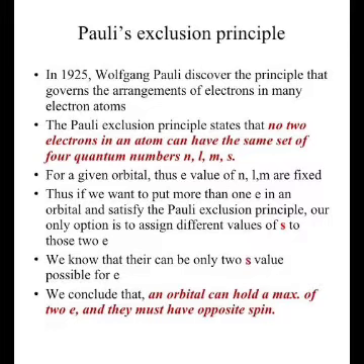Accordingly, the same set of values for all four quantum numbers cannot be assigned to more than one electron in an atom. In a more general form, the principle involves symmetry properties of the wave function and is referred to as Pauli's principle.